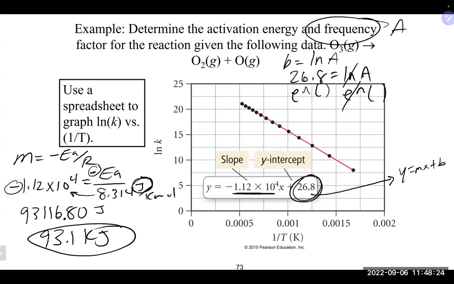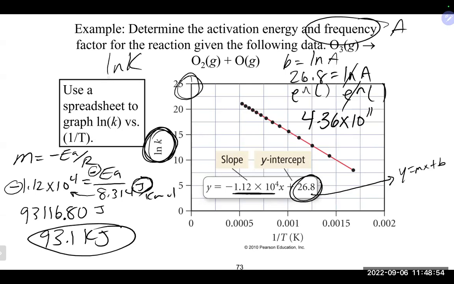we'll call it 4.36 times 10 to the 11, it looks like. Now the question is, what are these units? Well, we took the natural log of A, right? And that is the y-intercept. So what is graphed on the y-axis is the natural log of k.